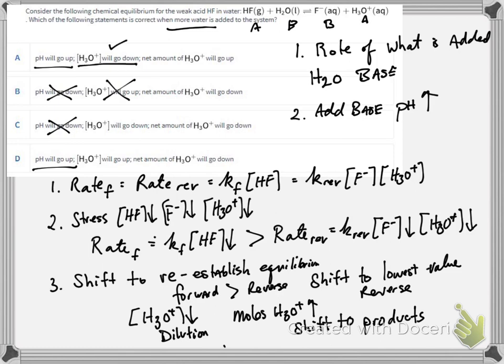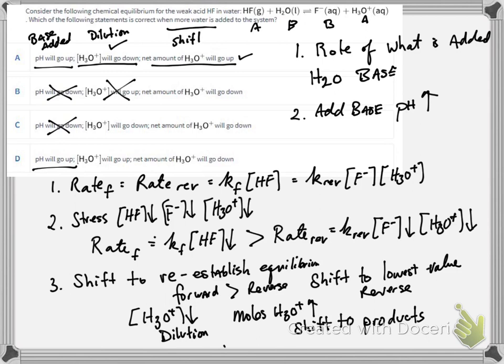is first, the concentration of H3O plus will go down because you diluted the problem. 2, the net amount of H3O plus will go up because you're shifting to make more products. So when we look at this answer, by adding a base, we know the pH will go up. We know the concentration of H3O plus will go down because of the dilution.